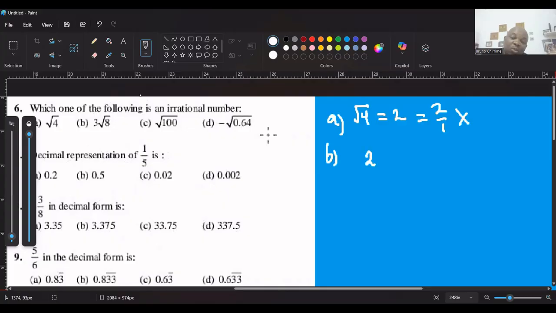Let's take, for example, 2.4 times 2.4. 4 times 4 is 16, carry 1. 4 times 2 is 8 plus 1 is 9. Then add a 0. 2 times 4 is 8, and 2 times 2 is 4. So here, this is strange.